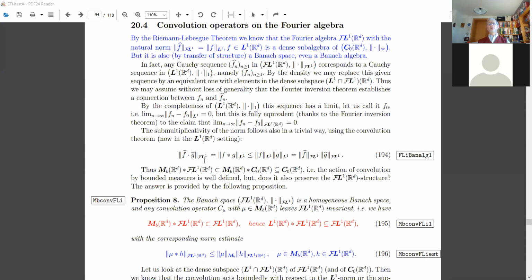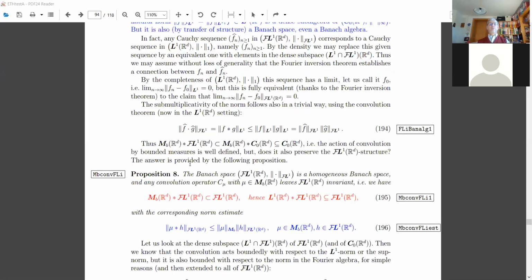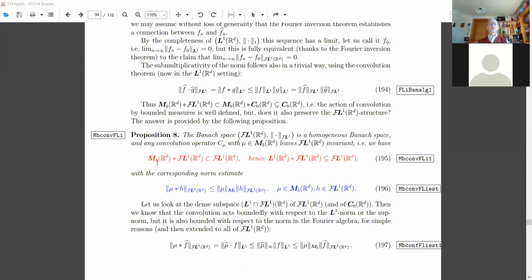Or you can say composition of linear invariant systems corresponds to pointwise multiplication on the Fourier transform side, so multiplication of transfer functions. So therefore we have this pointwise Banach algebra property, and we also have verified that you can convolve elements in the Fourier algebra and you stay in the Fourier algebra.